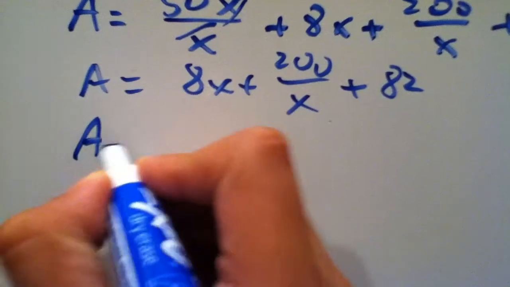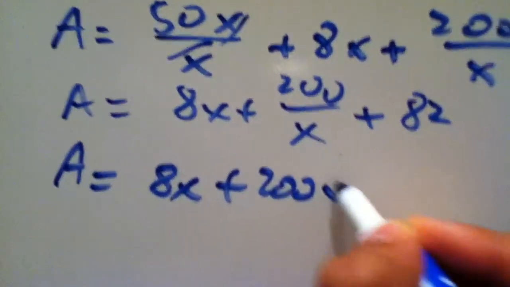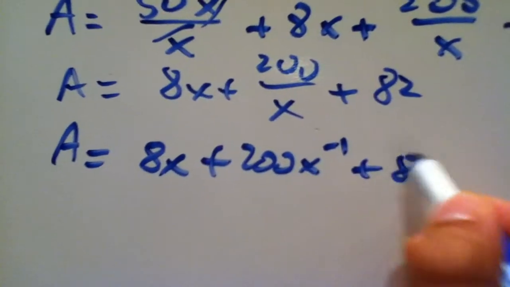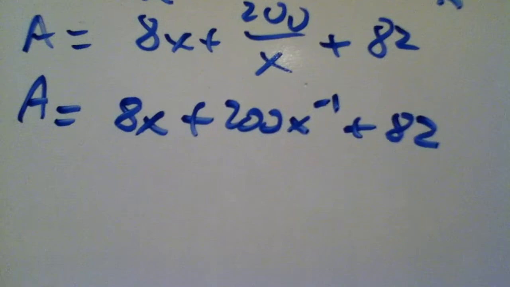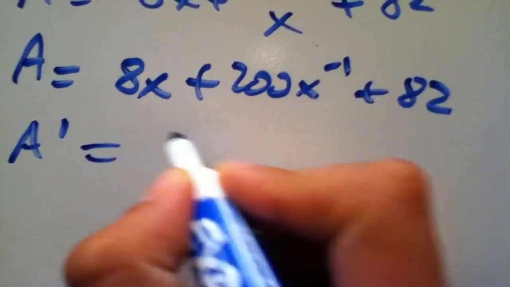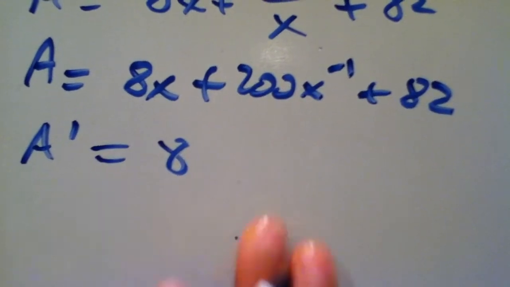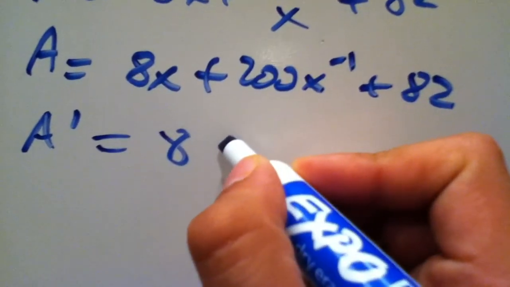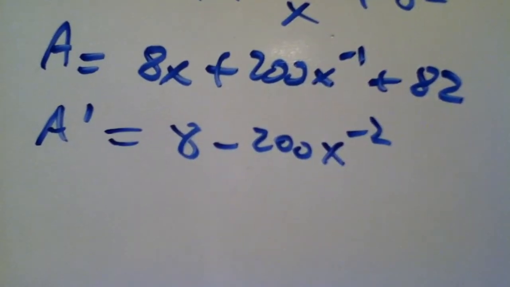Let's rewrite A, rewriting the middle term, so it's 8x plus 200x to the minus 1 power plus 82. It makes it easier to think about, because now you can use the power rule for differentiation. Then A prime is equal to 8 plus, or actually minus, because it's n times x to the n minus 1, so minus 200x to the negative 2.